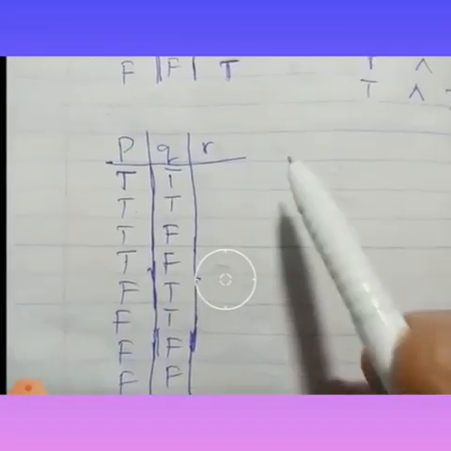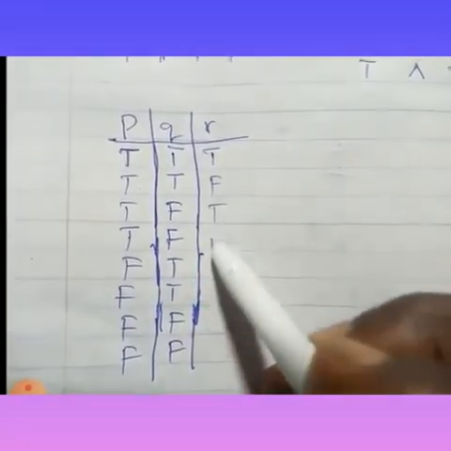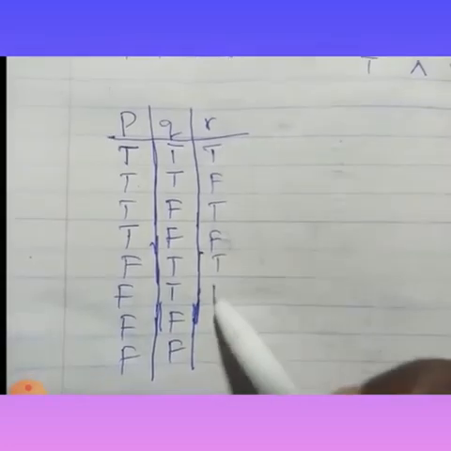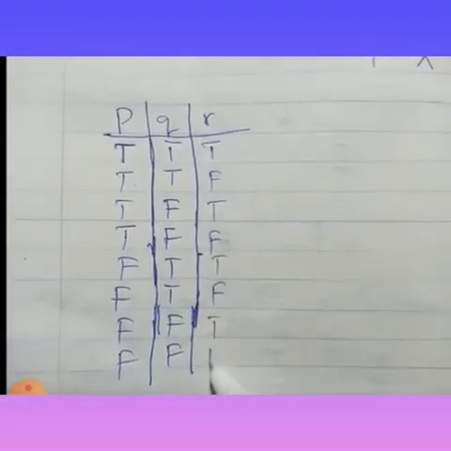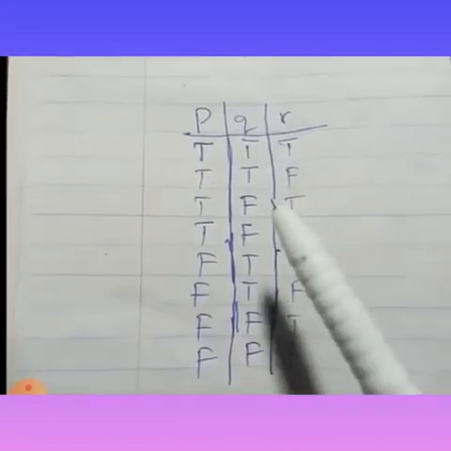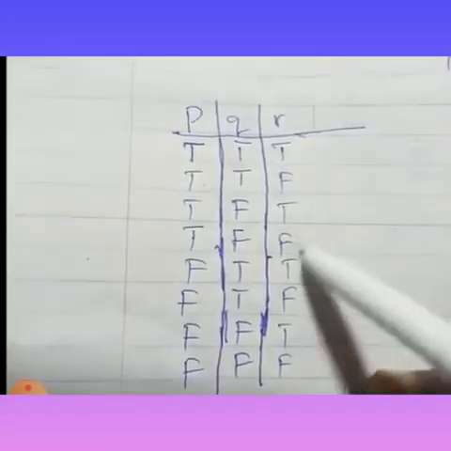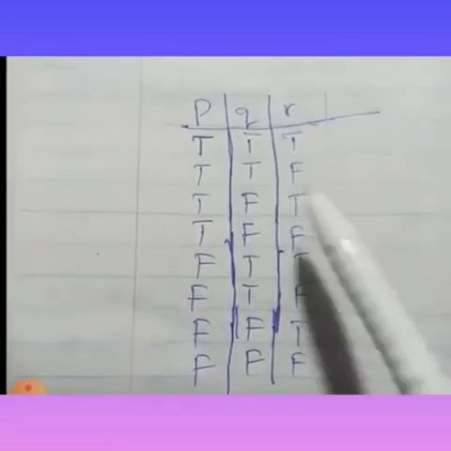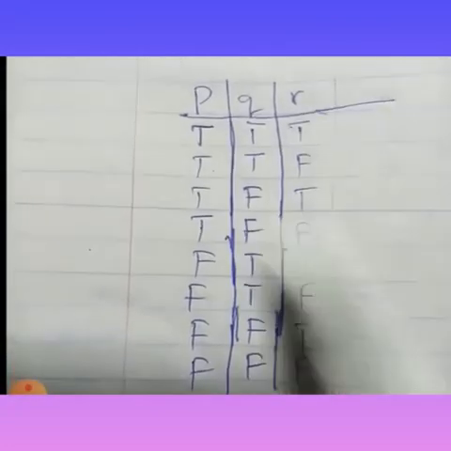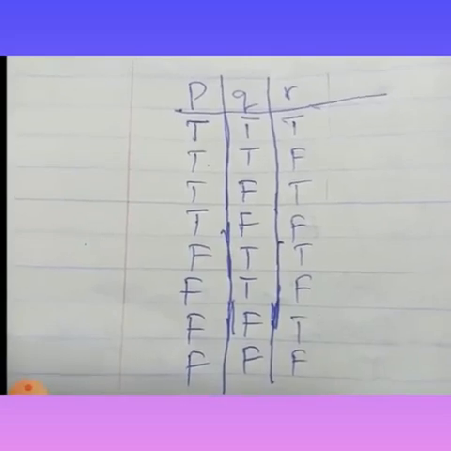Then the next statement, we have true, false, true, false, true, false, true, false. So if we have more than 2 statements, this is how you construct the truth table. Then you can apply your conditions if you like. If you observe carefully, you see that we have captured all the various cases that we can have.